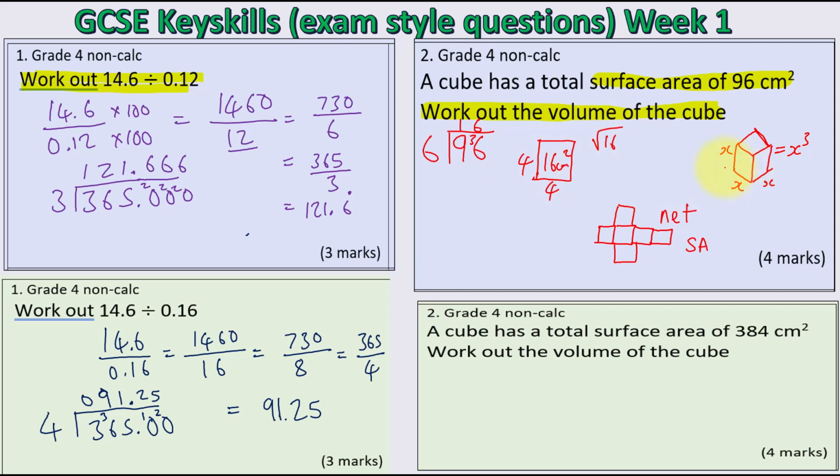So that means we know x equals 4 on this diagram here. So all we need to do for our last step is 4 cubed, which is 4 times 4 times 4, and the answer is 64 centimeters cubed. Easy 4 marks if you know what to do.